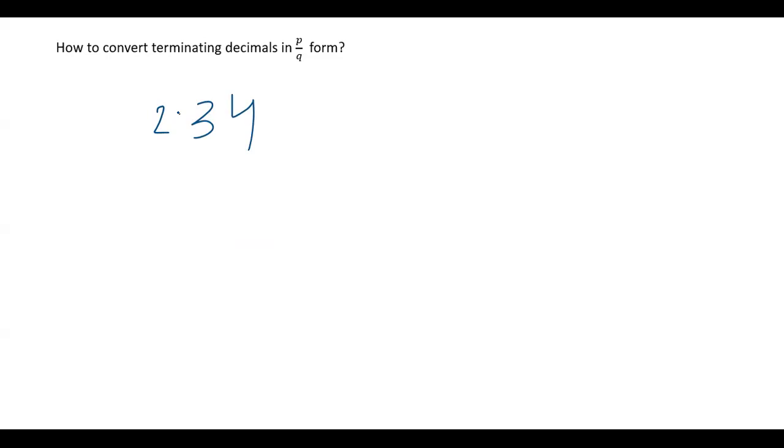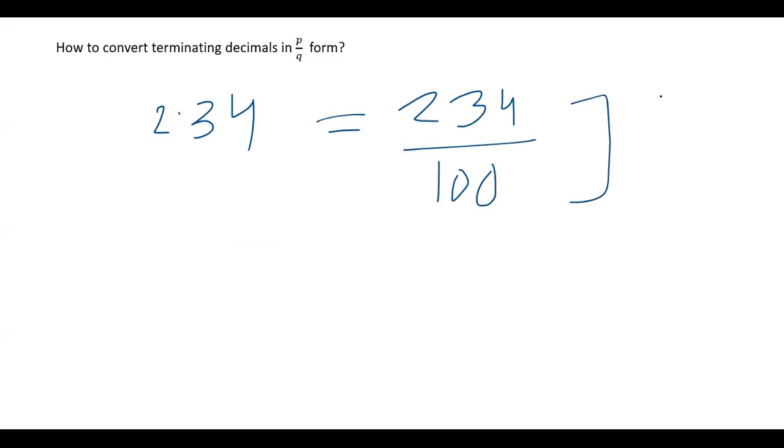This is a terminating decimal because after the decimal we have only two digits, 3 and 4. So we can write this number as 234 by, since we have two digits, 100. So this is a number of the form P by Q, where P and Q are integers and Q is not equal to 0. So we have converted a terminating decimal into P by Q form, that is, into rational number form.